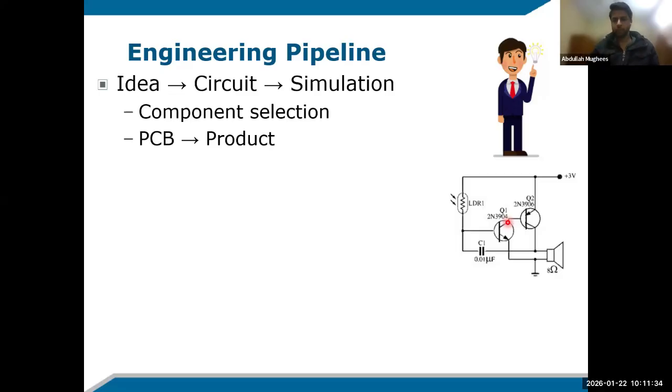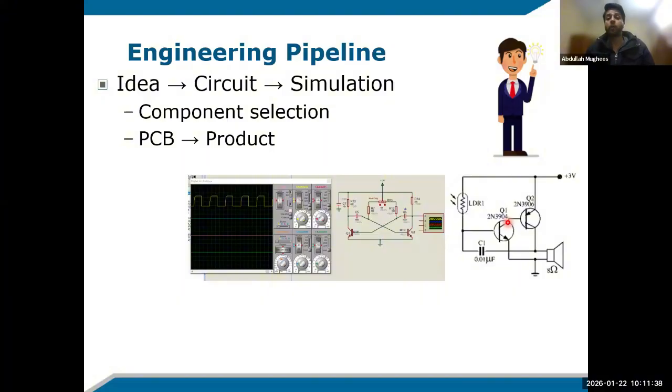Okay, so after I have designed this initial circuit, I am going to use a computer to simulate that circuit and observe the output. So I open up a software, I design what I designed initially on paper.